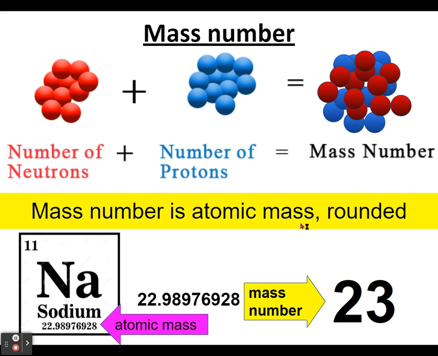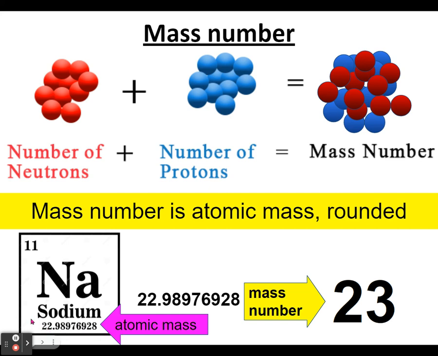Mass number is another thing that is important to know about an atom, and it is the number of neutrons plus the number of protons, and that's the mass number. You can see the mass number from the periodic table from the atomic mass. So the atomic mass is down here. This one has a very precise number.